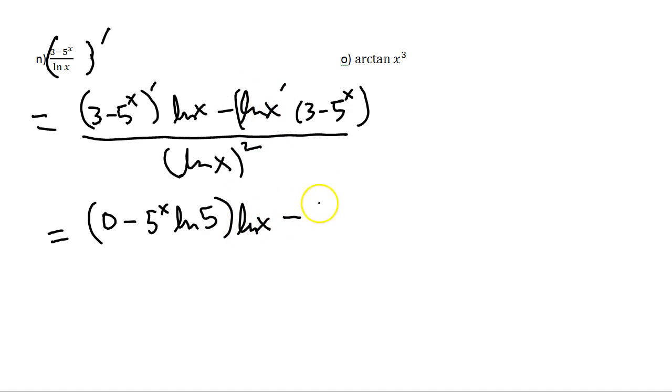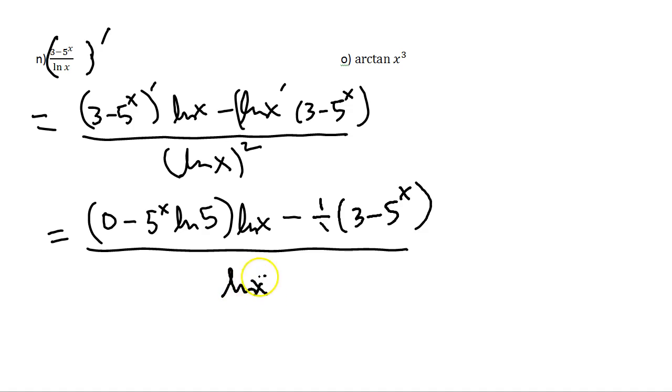The derivative of log x is 1 over x, all over ln of x squared.